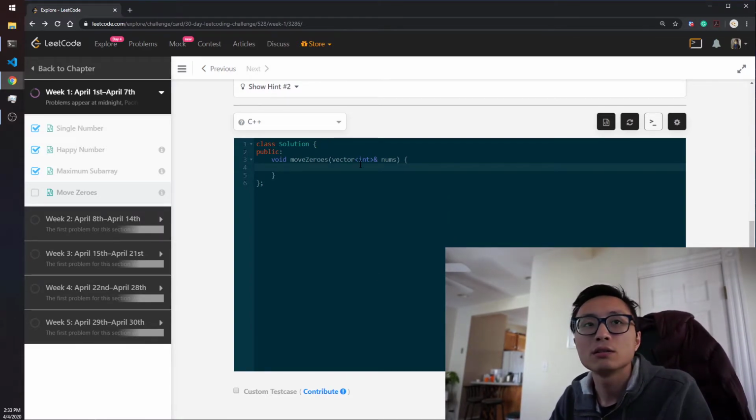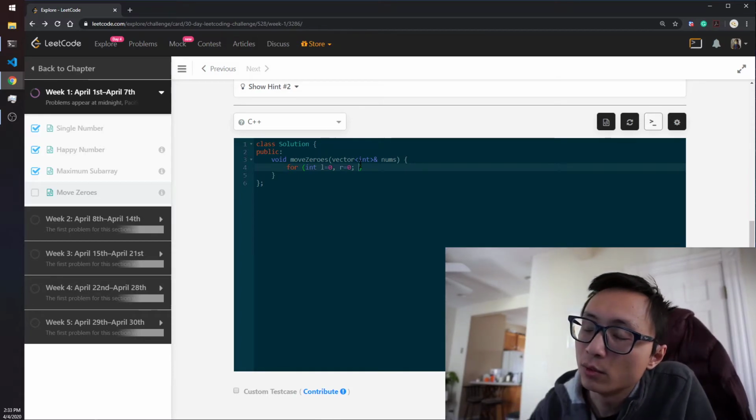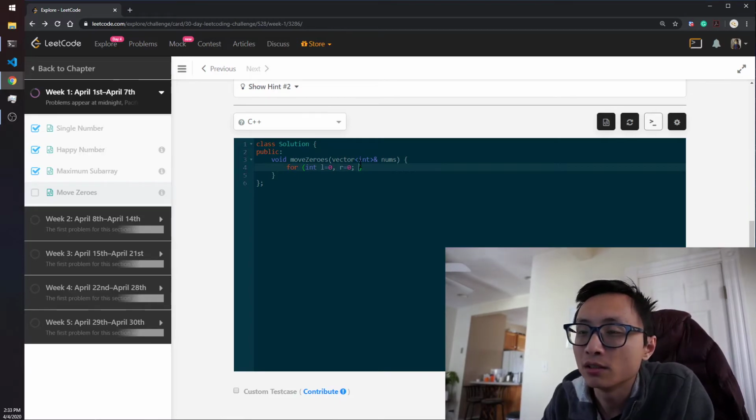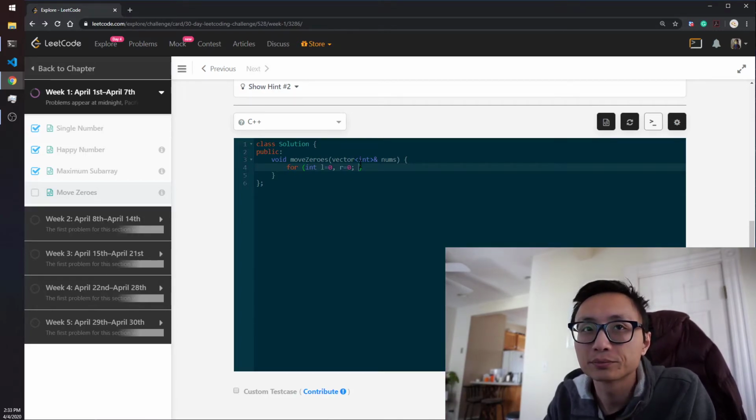All right. So basically, we initialize 2 pointers, left, which is 0, and right, which is 0 as well. The left is going to be pointing to the leftmost zero, and the right is going to be pointing at the next non-zero element.